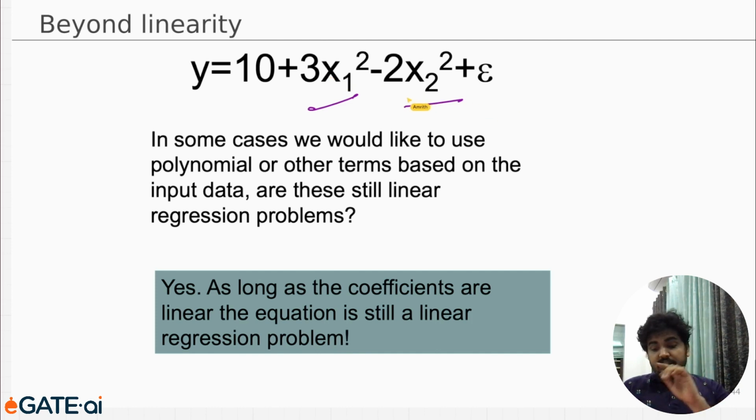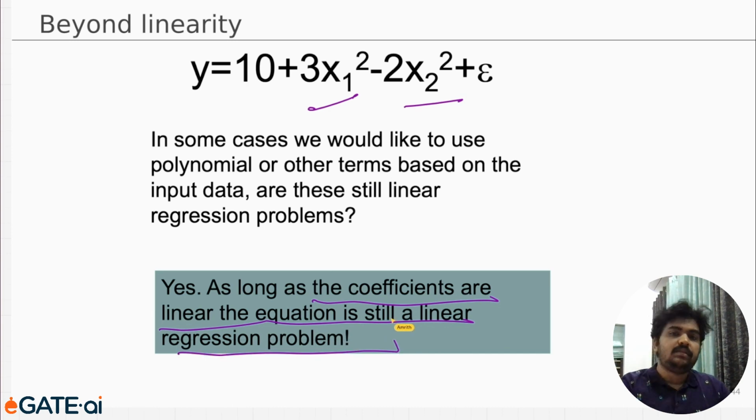The question is: are they still linear regression? Whether it is single or multiple is different, but are they still linear regression? It is very simple to understand that as long as the coefficients are linear, the equation is still a linear regression problem. That's as simple as that.